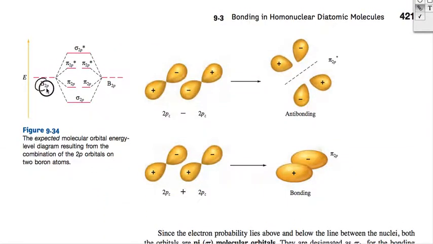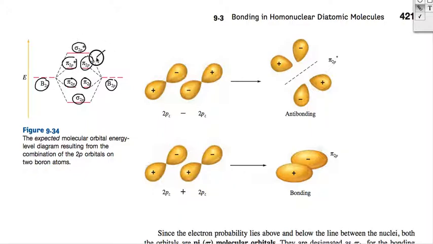Here you've got boron and boron, and you would have to figure out how many electrons are going to fill these different molecular orbitals. Now in this case, boron has more than just 2 valence electrons. So now you've got to look at the order here. First you're going to have a sigma, and then pi, 2 pi, and then you have anti-pi and anti-sigma.